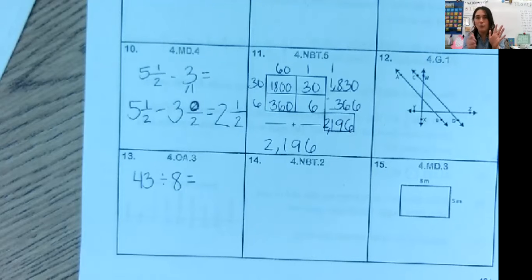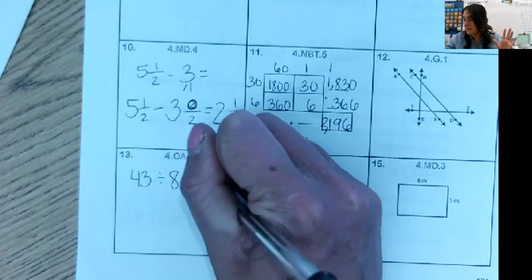Can I multiply one more time? If I did 8 times 6, I have 48. That is too many. So I need to stick with 5 as the amount of times.